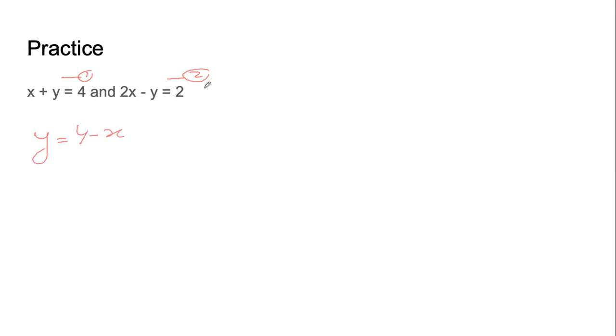Similarly, from equation number 2, we can write y equals 2x minus 2. What did I do? I brought y to the left hand side. So 2x minus 2 equals plus y.